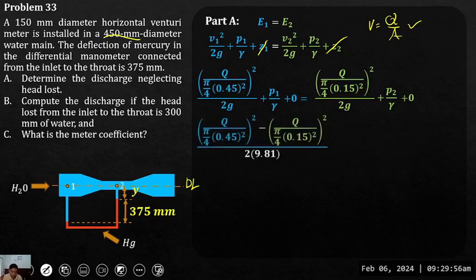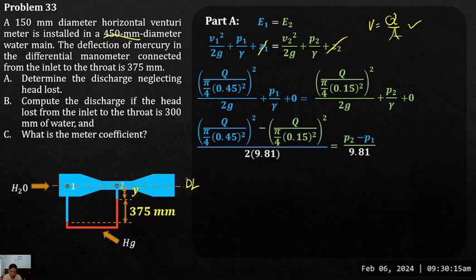Okay, so if we are going to transpose itong Q over pi over 4 times 0.15 squared over 2G sa kabila, so magko-combine lang yung dalawa sa kaliwa. Tapos yung P1 over gamma, transpose natin sa kabila. So, then that's going to become P2 minus P1 over 9.81.